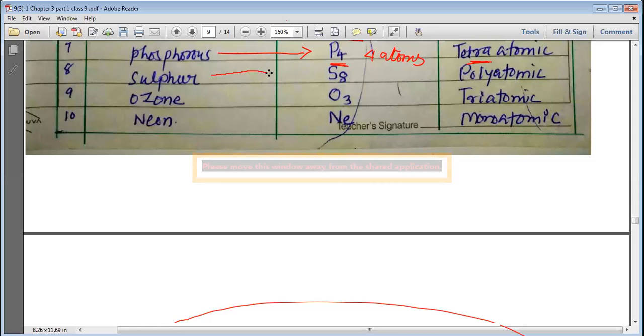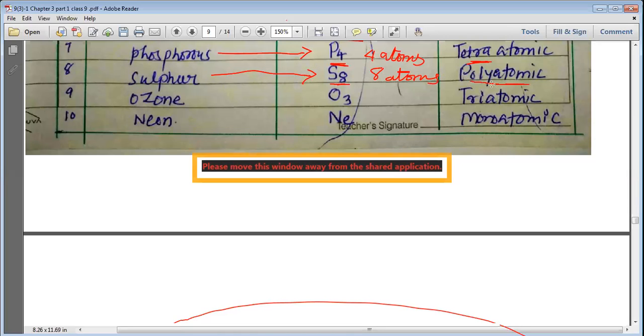In the same way, the molecule of sulfur has 8 atoms, and it is known as polyatomic. You can even call this S8 octaatomic.